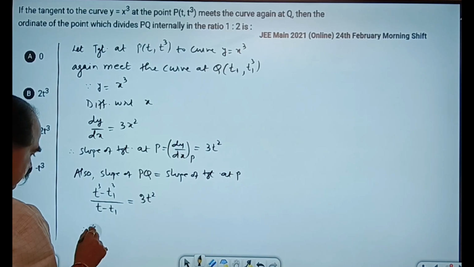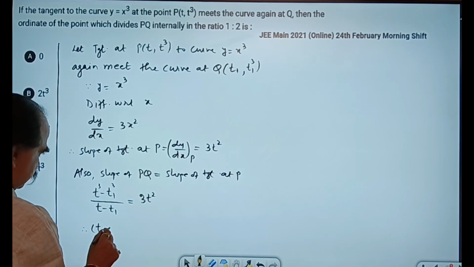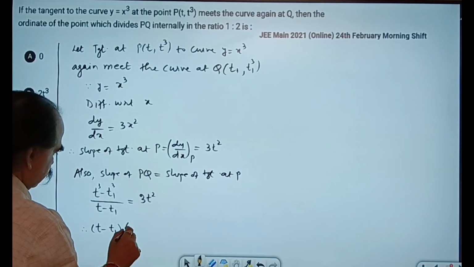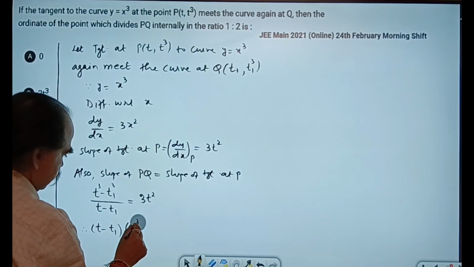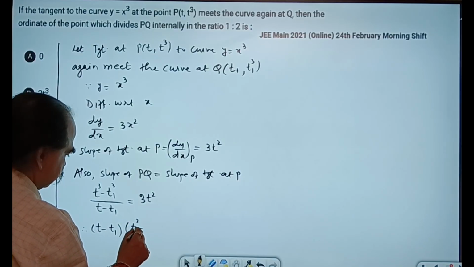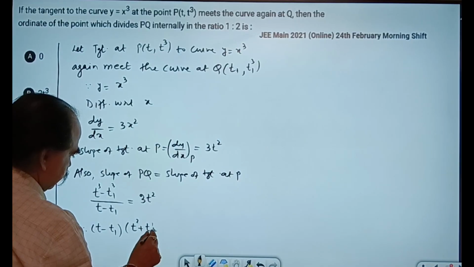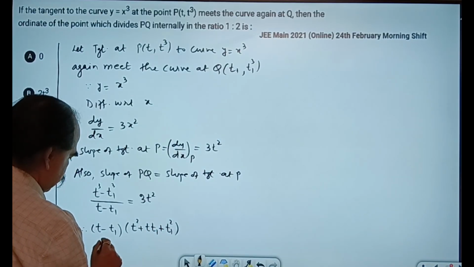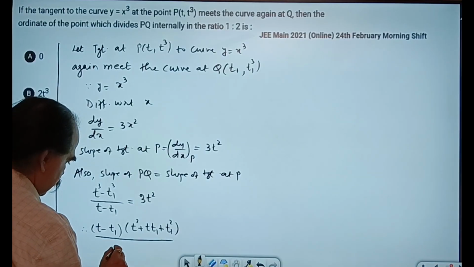The factors are (t minus t1) into (t square plus t t1 plus t1 square) upon (t minus t1).